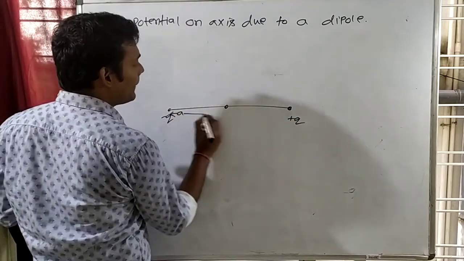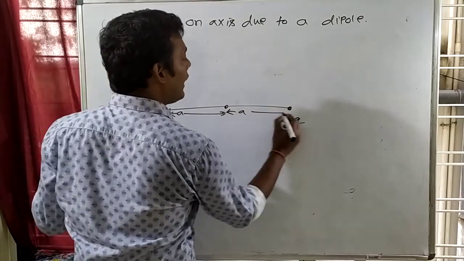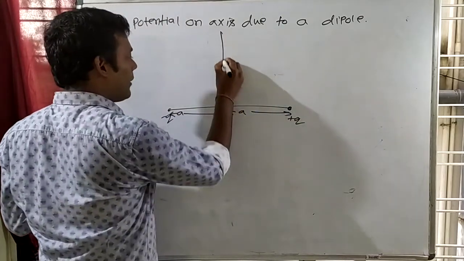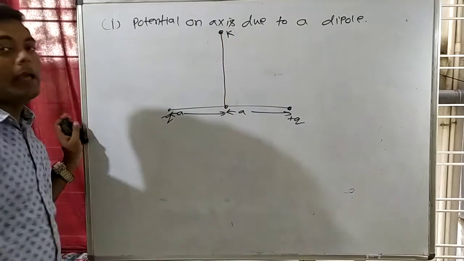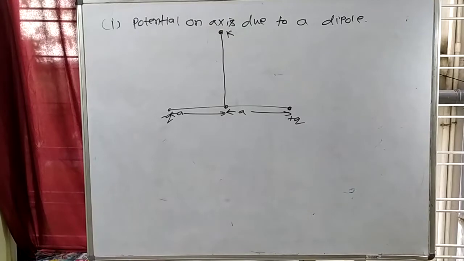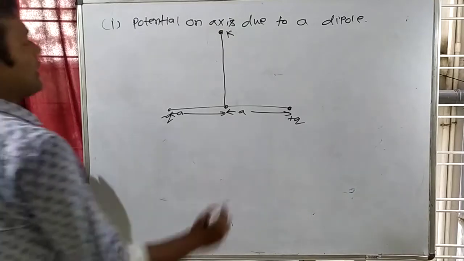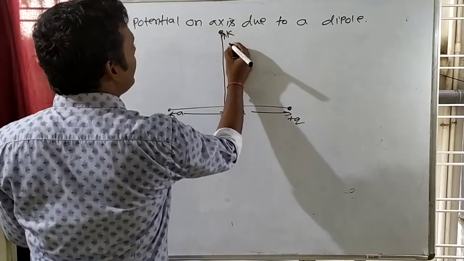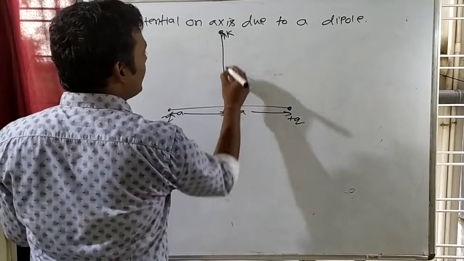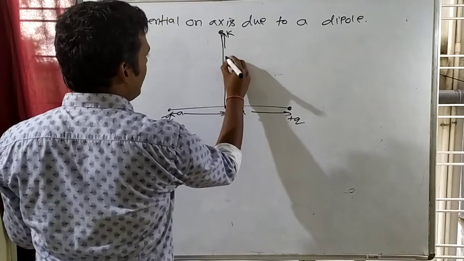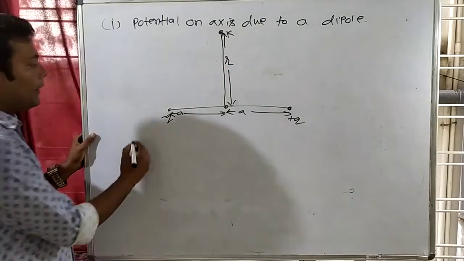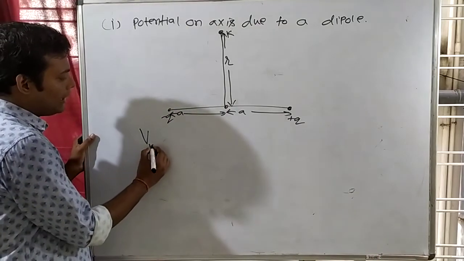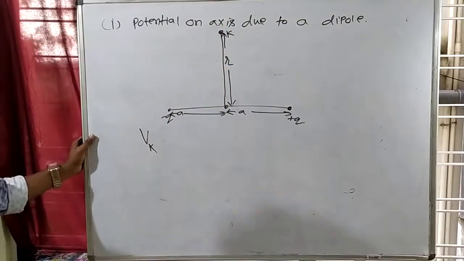This is A and this is also A. Let's say on the perpendicular bisector I have to find at this point, let's say K. On point K I have to find, and let's say the distance of point K from the center of the dipole is R. So can you find Vp, the potential at K? Now we will find the potential at point K.